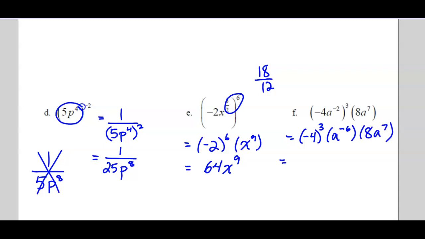Now, -4 raised to the exponent 3, that's an odd exponent, so it's going to be a negative value, 64 again, times 8. I'll do that all at once. So this times this will be negative. What's 64 times 8? 512. So the coefficient part, then a to the negative 6 times a to the 7 is a to the 1, which is just a.